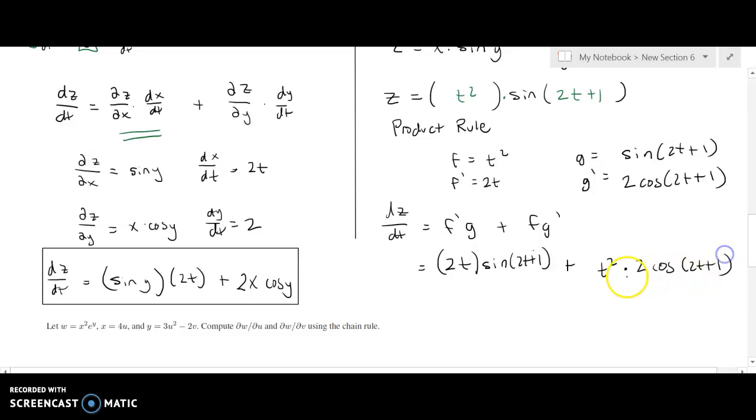And on first look, these do not appear to be the same. Here, I'm saying that dz dt is sine of y times 2t plus 2x times cosine y.